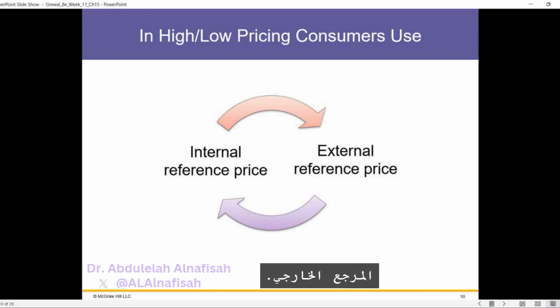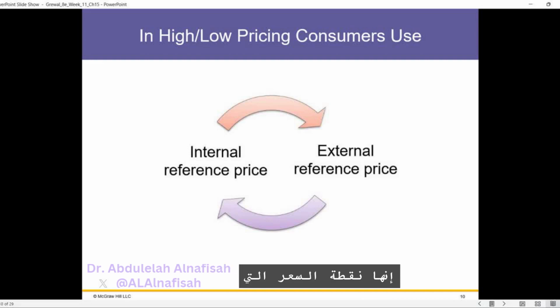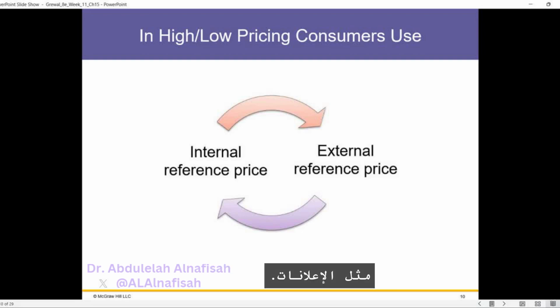The external reference price is provided to customers by the seller to influence their purchasing decisions. It is a price point communicated to customers through various means, such as advertisements, signs, or labels, to shape their perception of value.